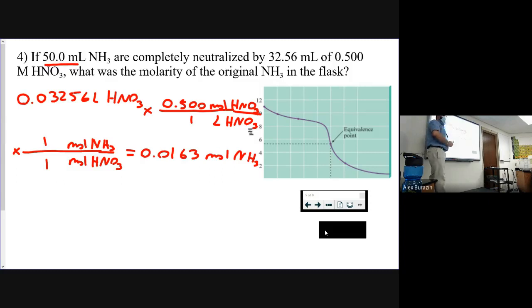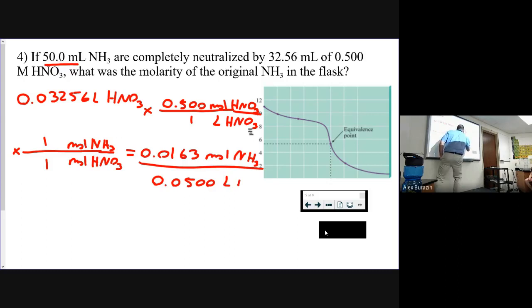Yes? Let's divide our moles by our liters. So my liters is 50 milliliters. I'm going to convert that in my head. And then overall, what do I get for molarity?